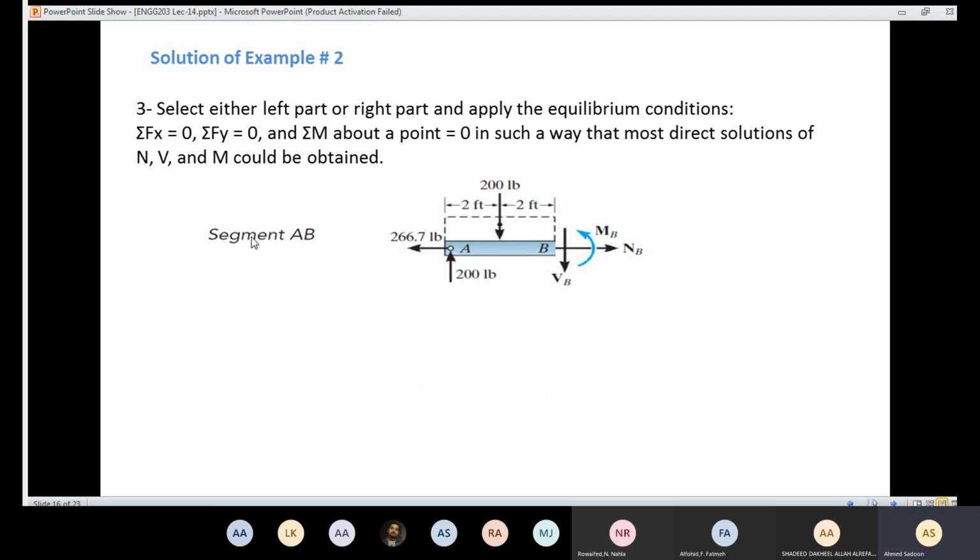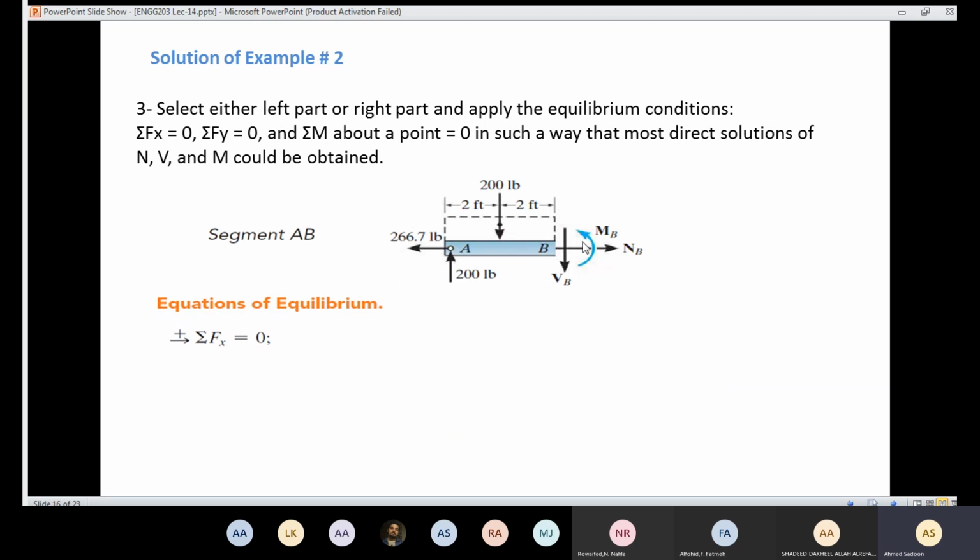So now we choose the segment AB, which is the left part. Of course, I need to show the positive senses here. Then I'm in a position to apply the equations of equilibrium. So now I can use the equations of equilibrium for segment AB. I'm going to start with the summation of the forces in the x-axis should equal 0. Again, do not forget the sign convention is very important.